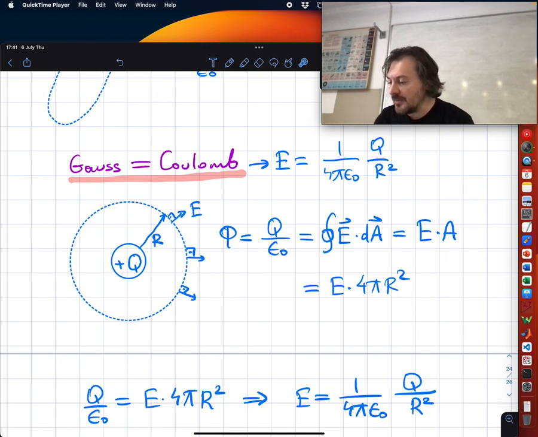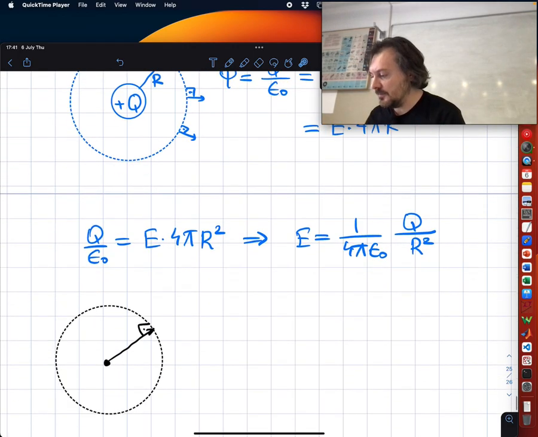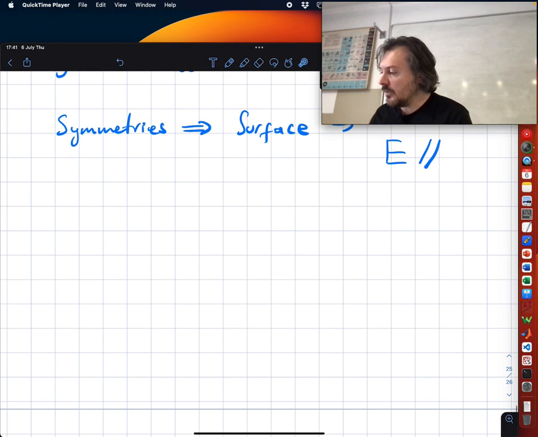But if I wrap it with a cylindrical surface, that's not the case, right? Do you understand this? This is very important. Okay.